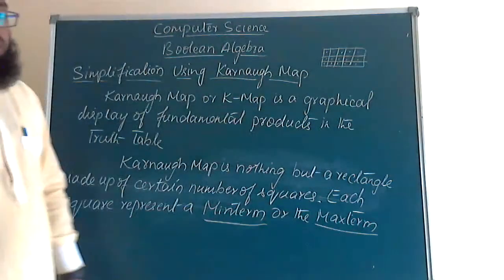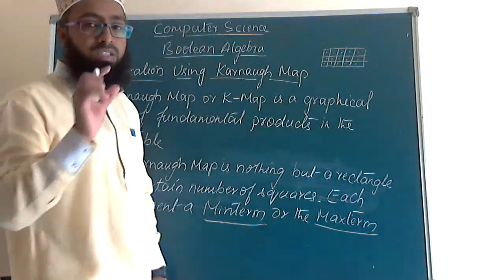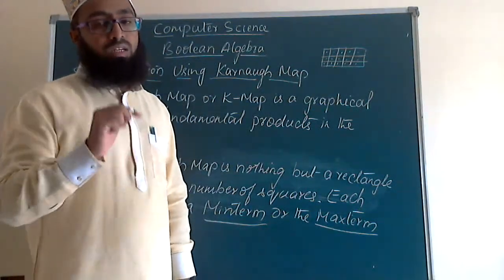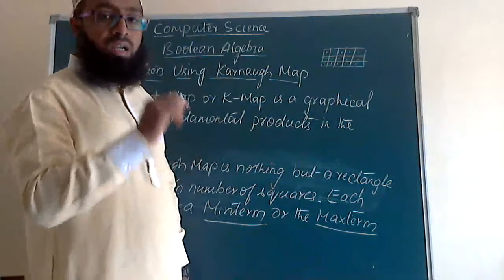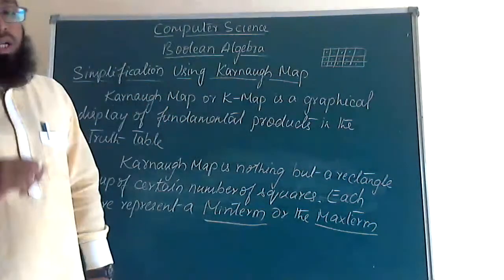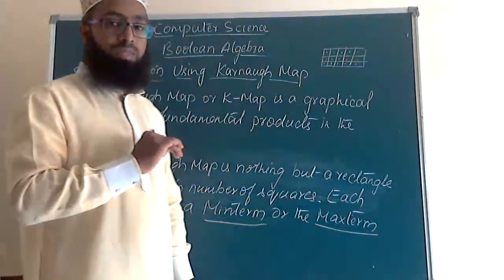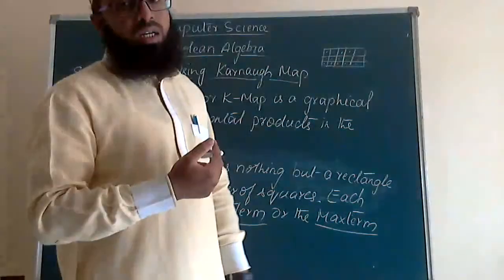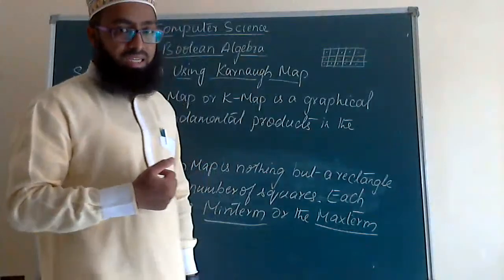Along with that, you can write that the Karnaugh map was originated by Maurice Karnaugh, and it is also called a K map, or the Veitch diagram.